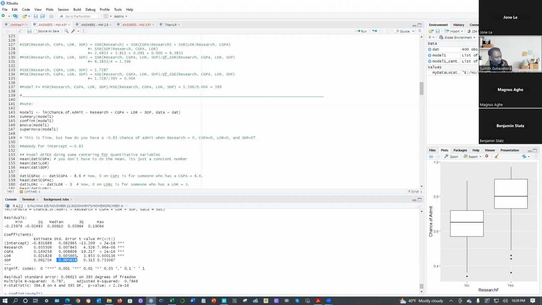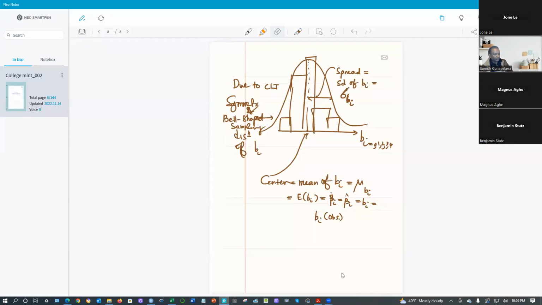Then what is this t value? You really need to check this, because it relates to your testing of hypothesis.